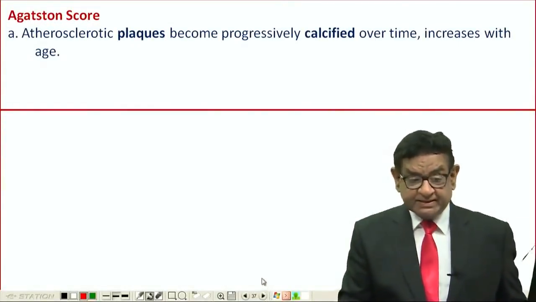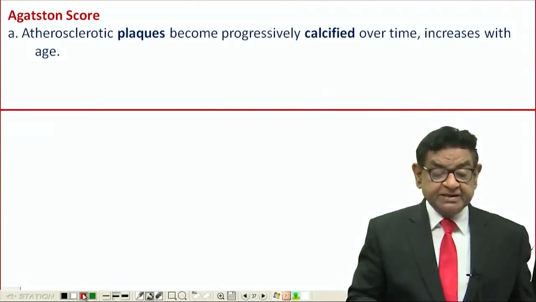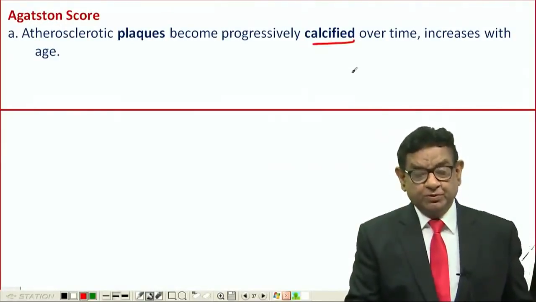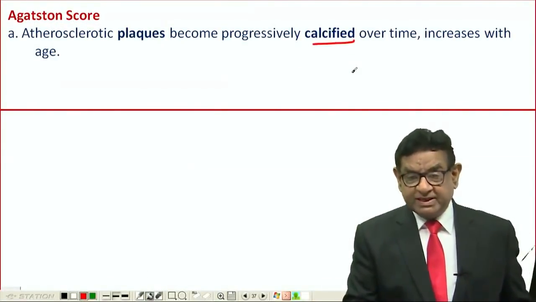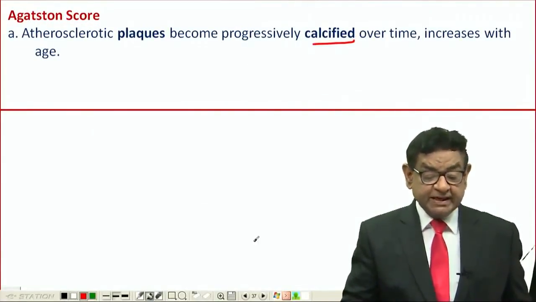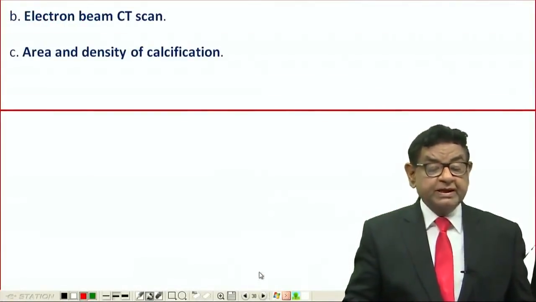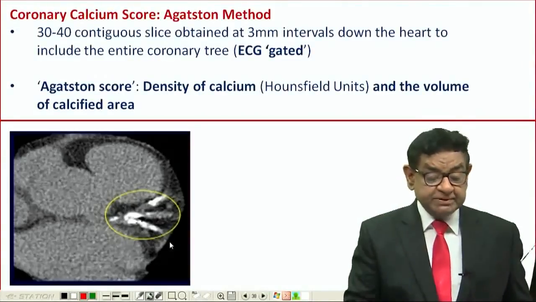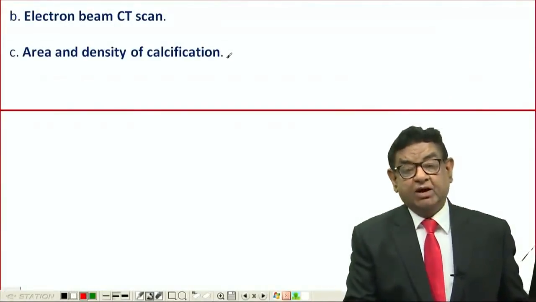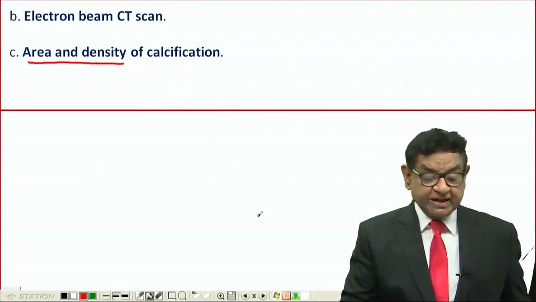Now the new concept, the Agatston score, is very, very important from the exam point of view. We see the calcification in the plaque. Okay, if you recall lecture number 1, I told you that in the non-reversible state of atherosclerosis, the plaque is calcified, and this we calculate by the Agatston score. And this we can detect by electron beam CT scan. We do an electron beam CT scan, and we can see how much of the artery plaque is calcified, and it tells you the area and density of the calcification.